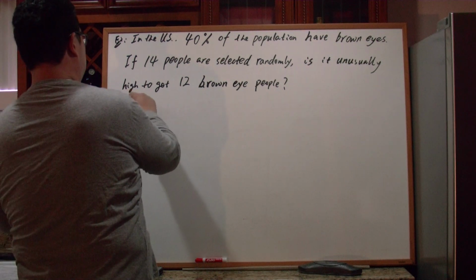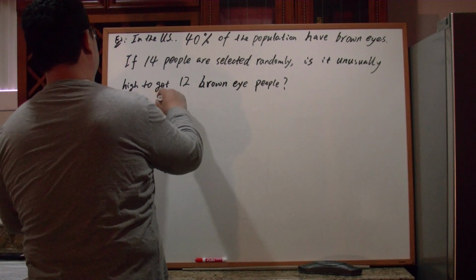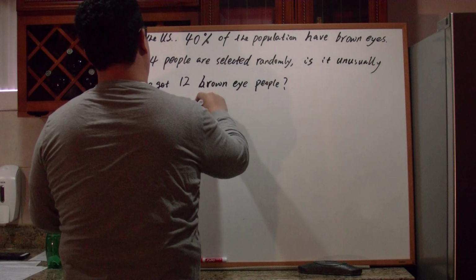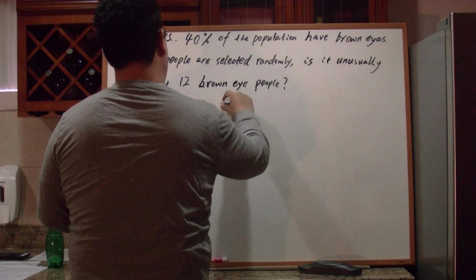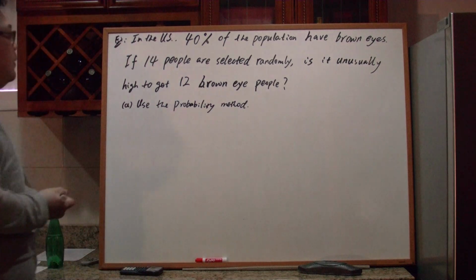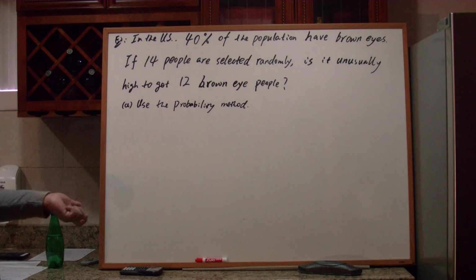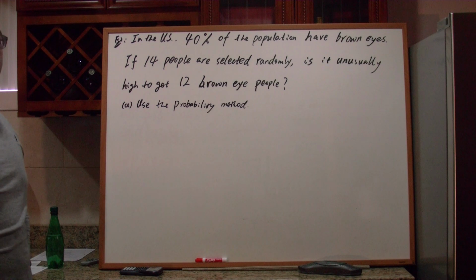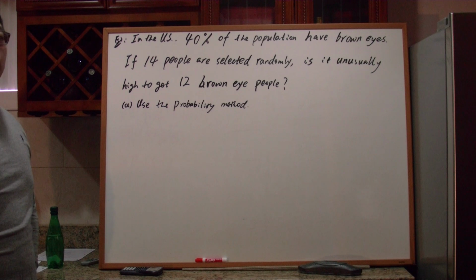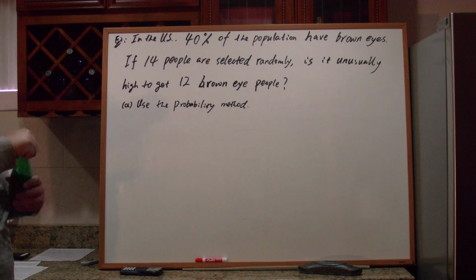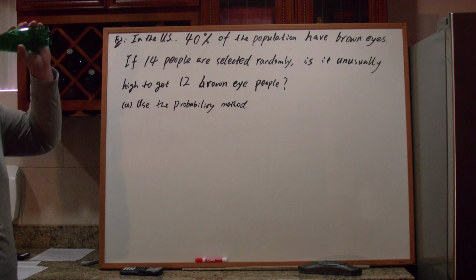The first method we can use is the probability method. For the probability method, if the probability is smaller than 5%, then we say it's unusual. If it is 5% or more, then we can say it is usual. It's not unusual.